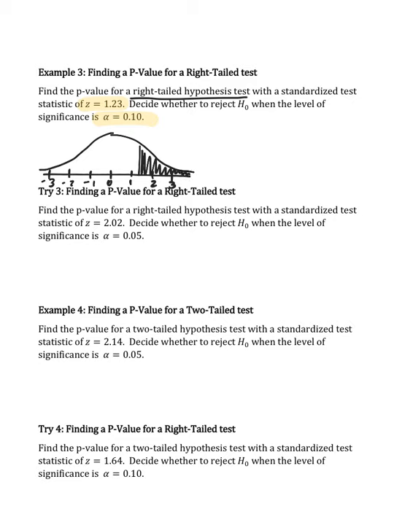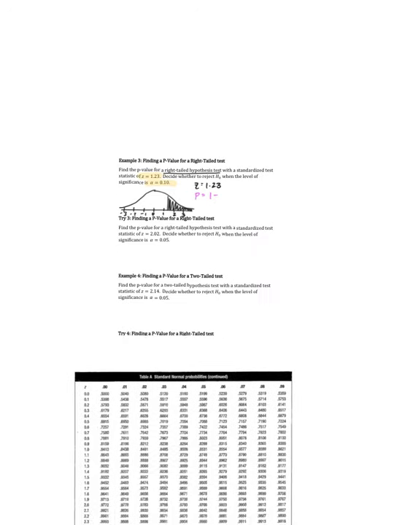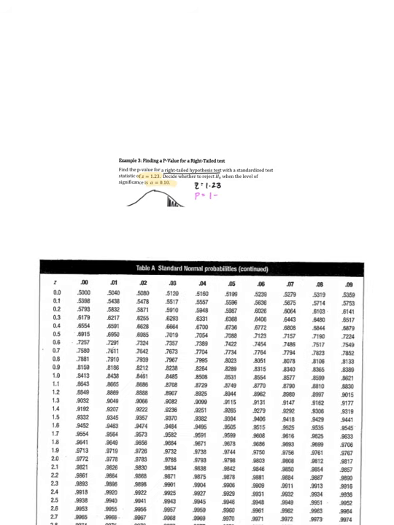Now, remember, when you use your chart, the chart always shows you the area to the left of that z-score. So since we're trying to find the area to the right of the z-score, we have to do 1 minus whatever that area is. All right, so we have 1.23.